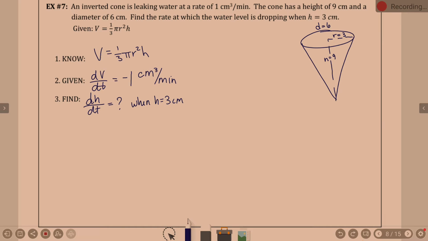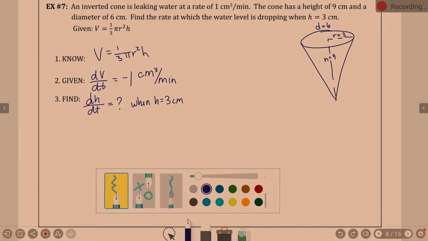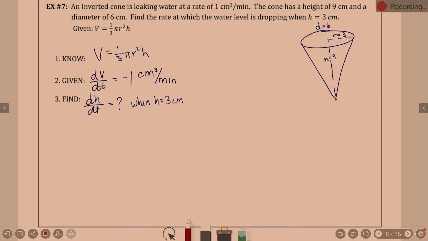So with that in mind, if you think about it this way, at some point there's a water level here, right? The water is leaking, so that water level is decreasing. So this is not a set water level, but at some place there's a water level. And at that place, it's some radius and some height. The idea here is you can think about similar triangles.